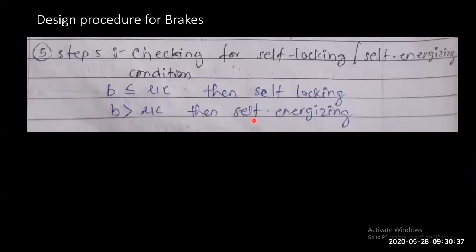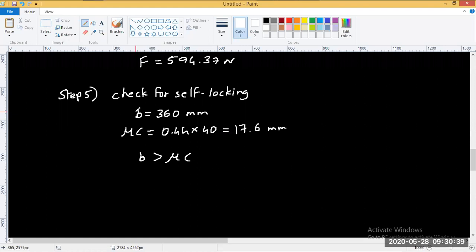So since B is greater, we can write: therefore, this brake is self-energizing, or you can say not self-locking.